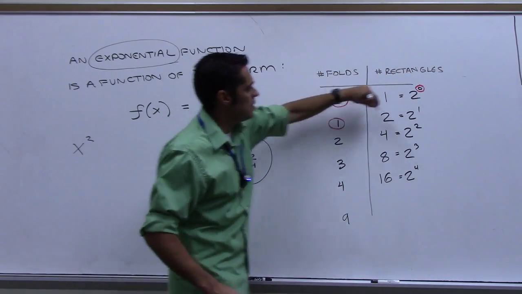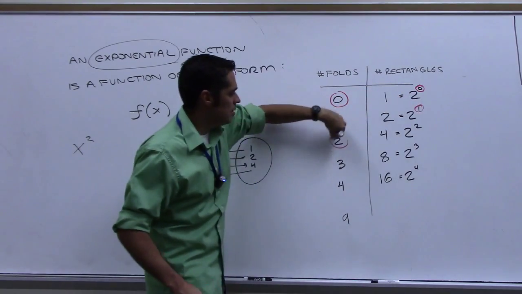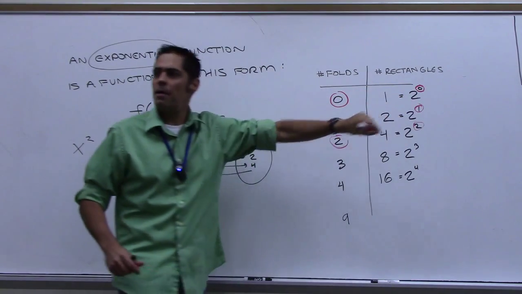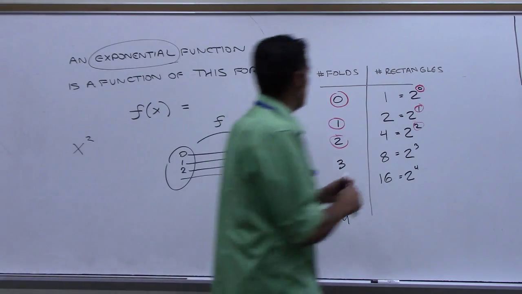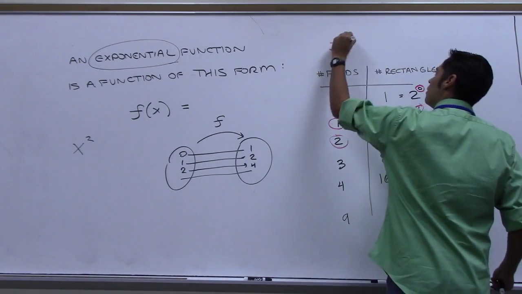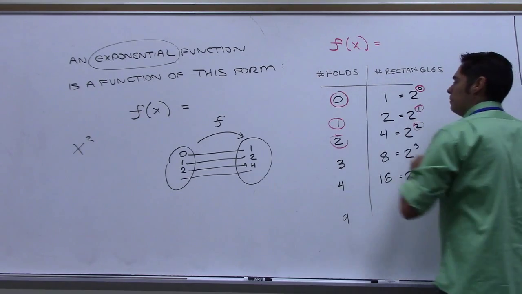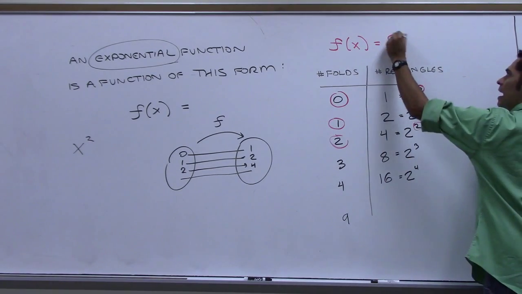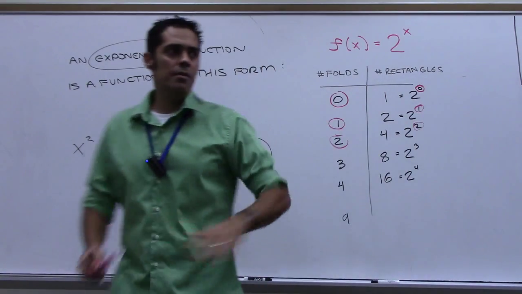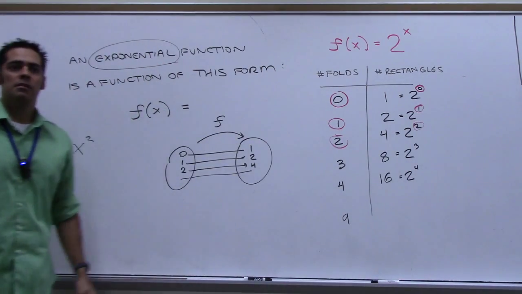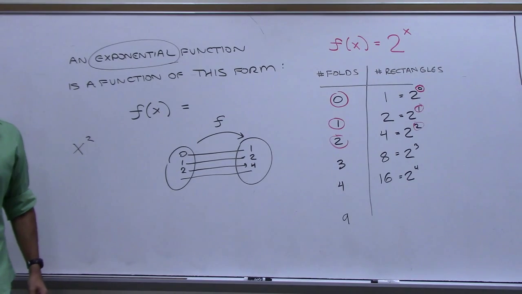The 1 here is just the power on 2. The 2 here is just the power on 2. The 3 is the power, right? So if I define this function to be f of x equals what? 2 to the x, then that should model what's happening with that folding stuff.